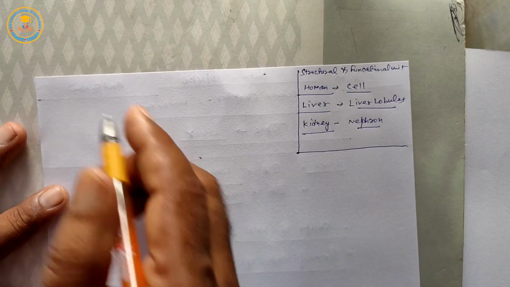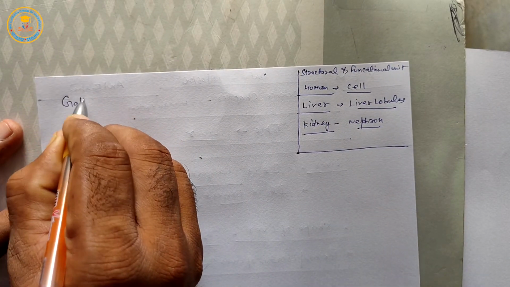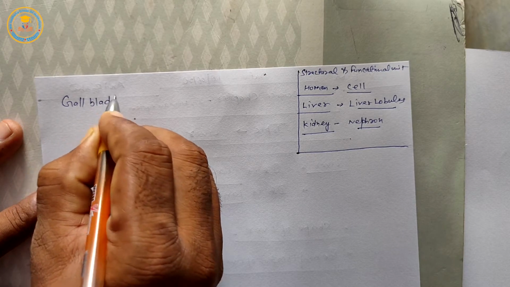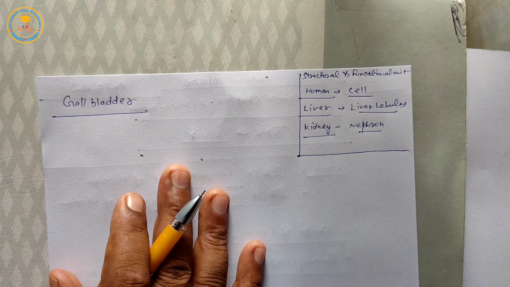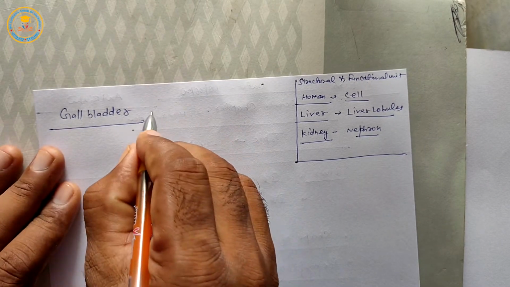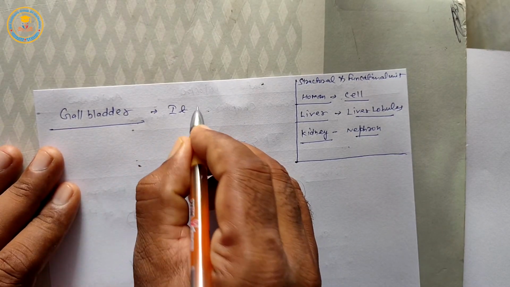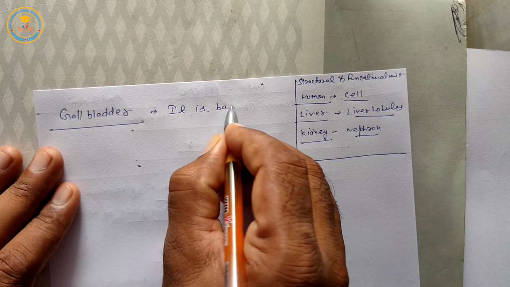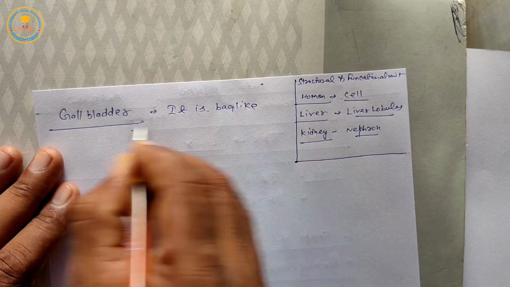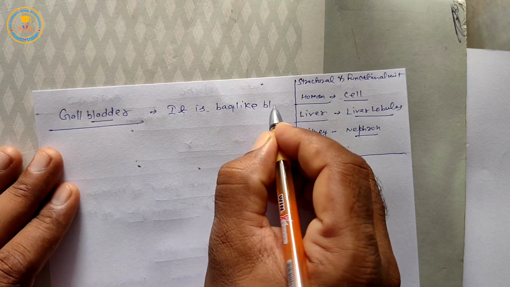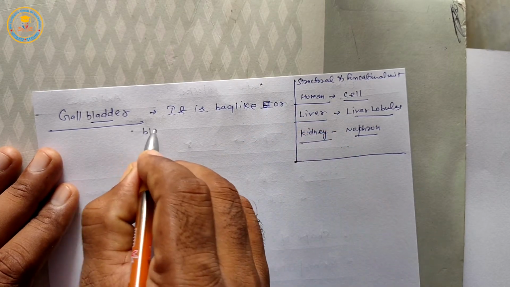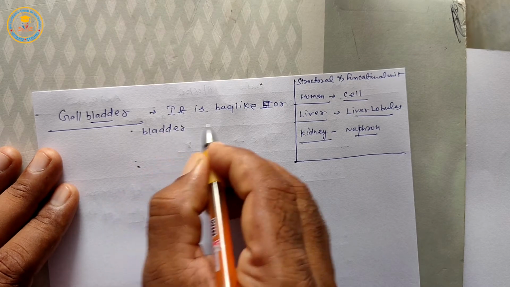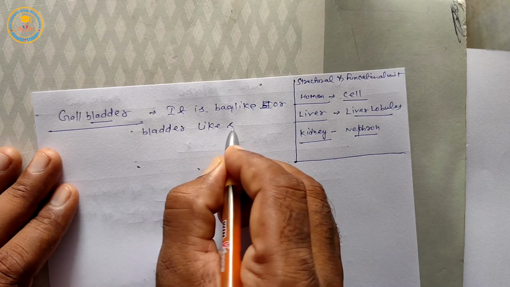Next part is gallbladder. It is a bag like or bladder like structure.